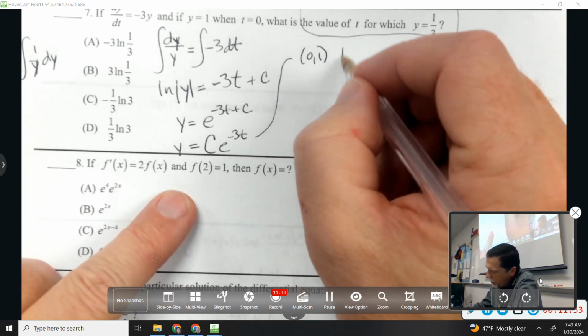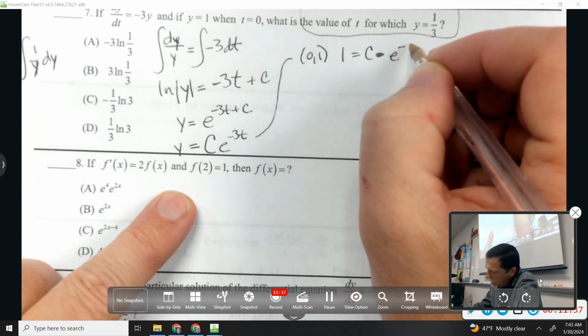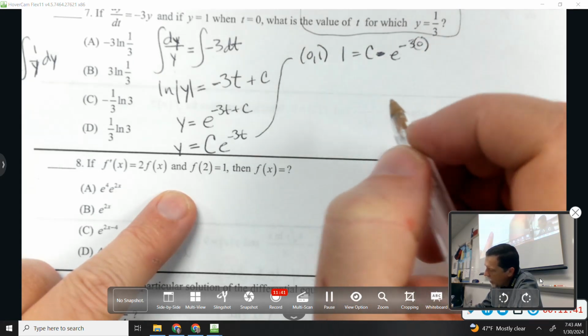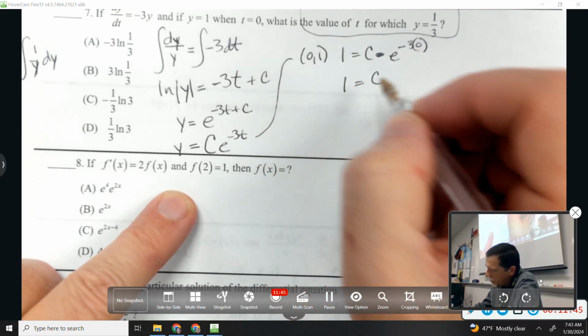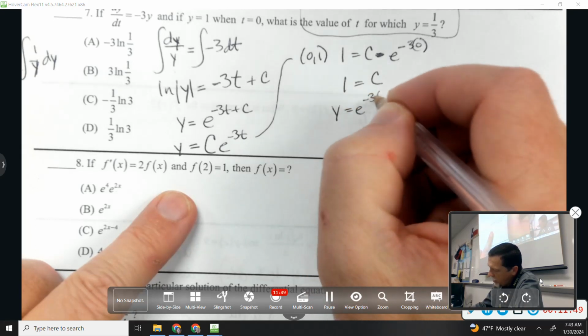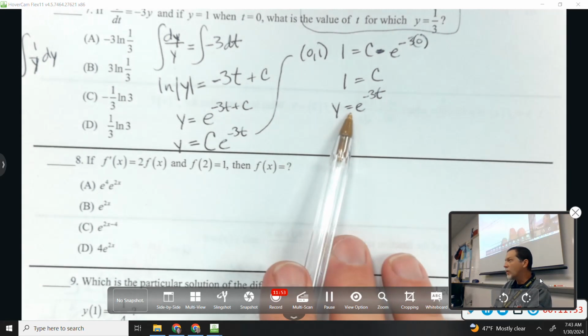So y is 1. Whoops. T is 0. So 1 equals e to the 0 is 1, so c is 1. So that was nice. So there's my equation. That's normally where we stop.